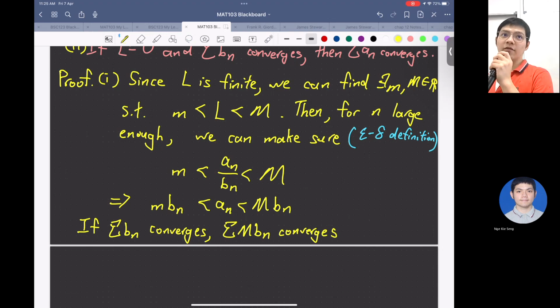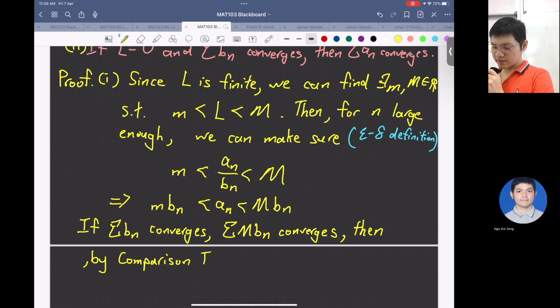This is the property of convergent series. Then by the comparison test, the series an also converges.